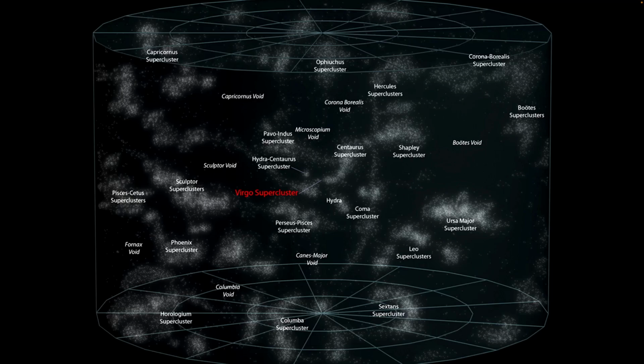Not only do we see this filamentary structure, but we see regions which appear to be almost empty, like this Bootes void on the right-hand side there. This, remember, is all the result of the fact that the universe did not start perfectly uniformly, but had small variations, small dimples in the cosmic golf ball, which ultimately gravity grabbed a hold of to produce the cosmic web of filaments and voids.